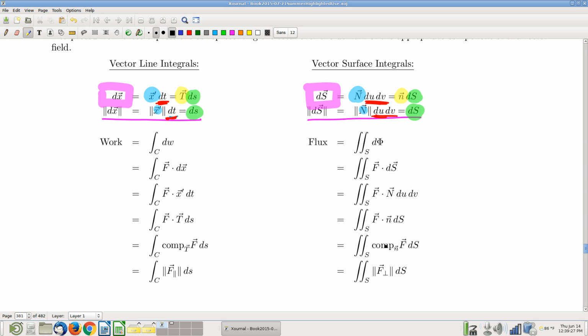Right? So no surprise there. So briefly then, what is it that vector line integrals and vector surface integrals are examples of? And the answer is that I cannot tell you the answer to that question in Math 212. It's a little too sophisticated, a little too deep. But roughly speaking, we're talking about integrals of differential forms, is what they're called.